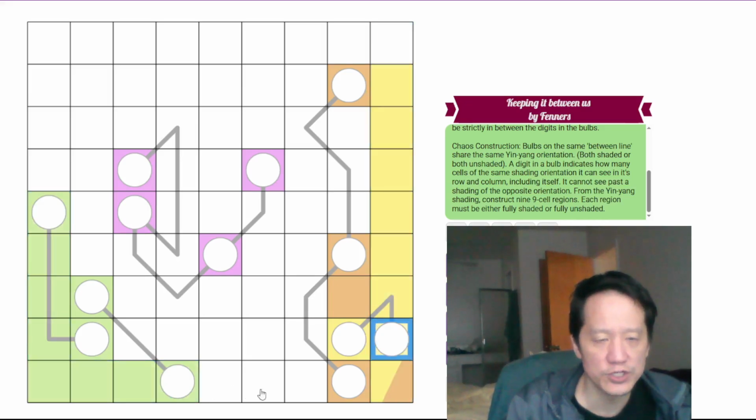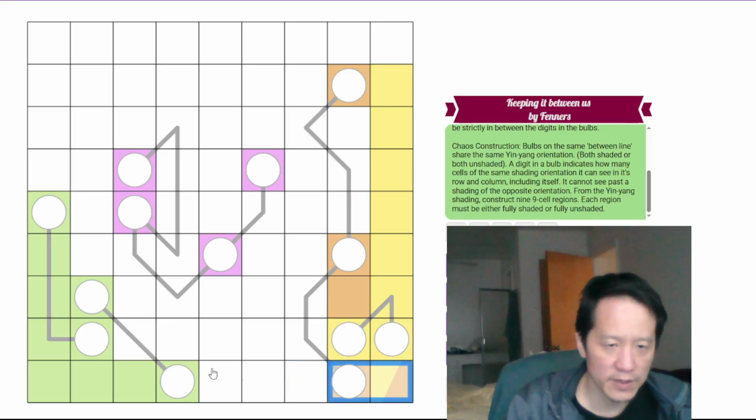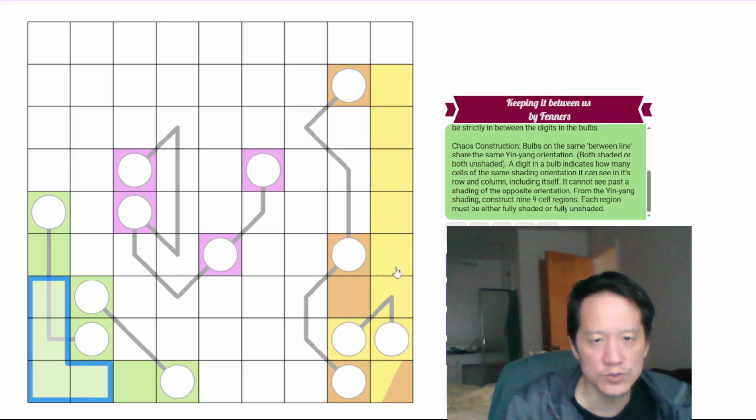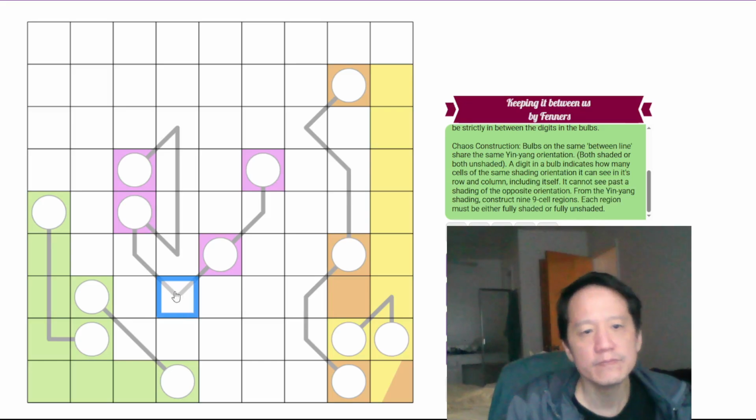We're not sure which. But the problem is, if these are the same shading, this has to be the same shading going into here because we already have one swap here. And the other swap cannot occur in here because, again, you'd have at least three swaps here, which doesn't work. So this would then have to be all the green shading.